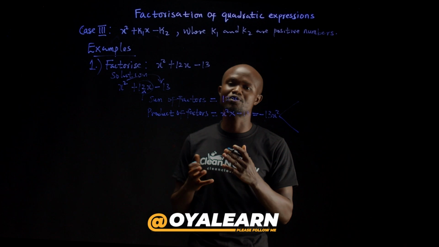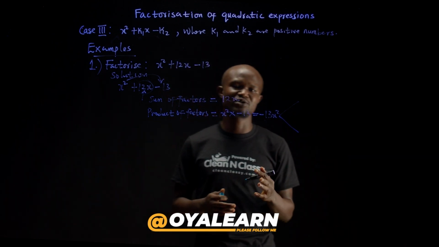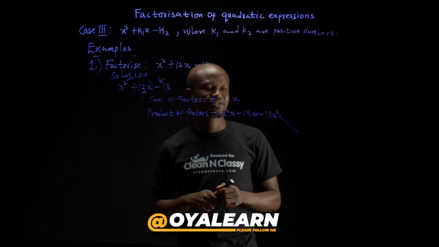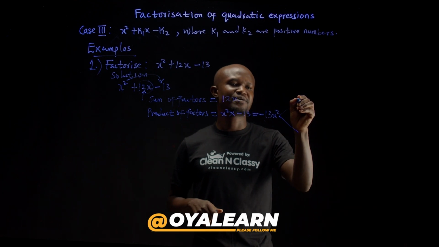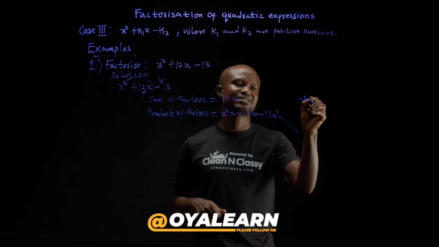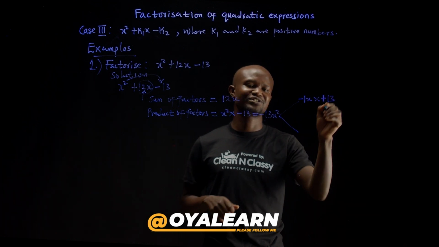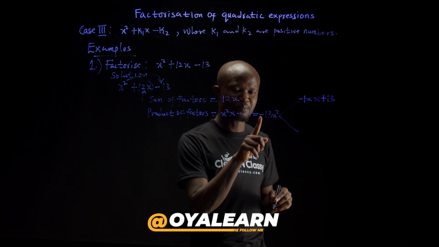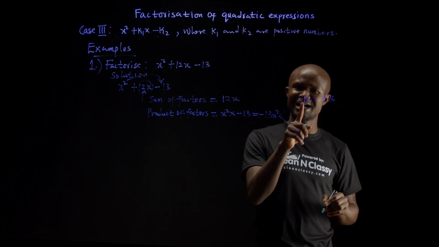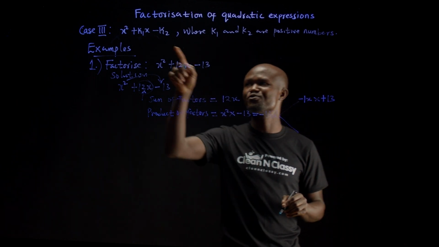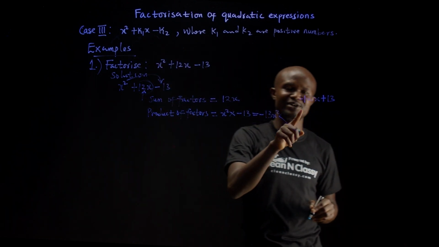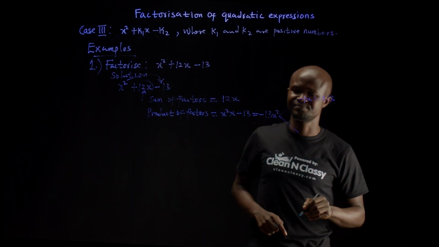We are going to bring out the possible values on the product. Now, we can have minus 1x times plus 13x. Do you know why? One must be minus and the other one must be plus. Don't forget the case.